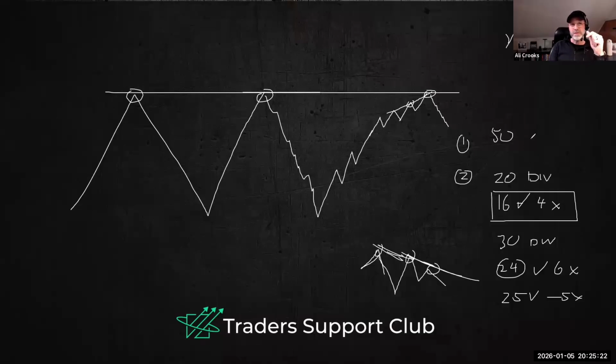Now, what you might find is that of the 50, there were 25 that didn't change direction and 25 that did change direction, and only 5 of the 25 didn't have a divergence on them.